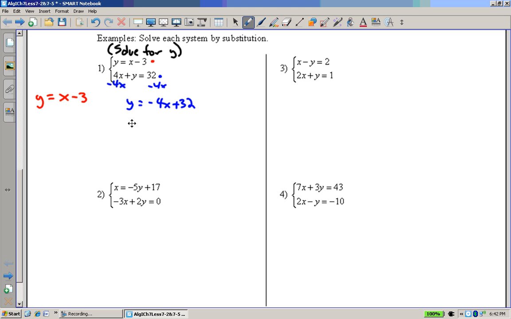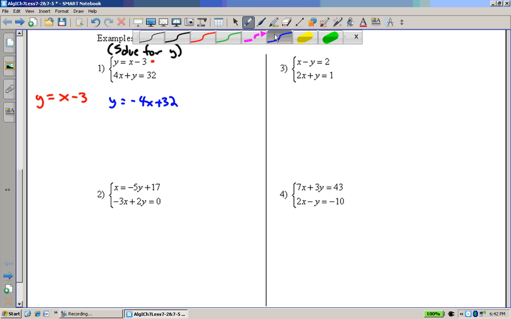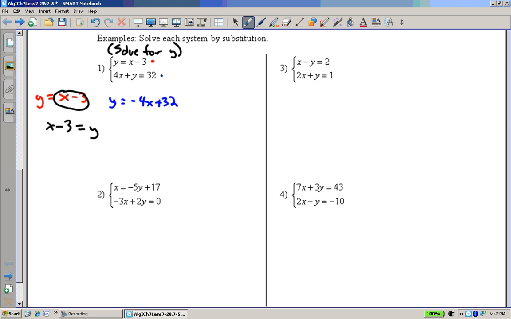And now the process is pretty simple. Since we have solved for y on both sides, y is x minus 3, and y is also negative 4x plus 32.